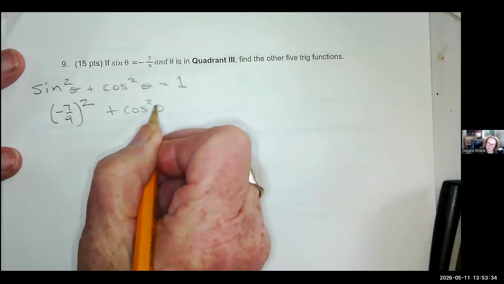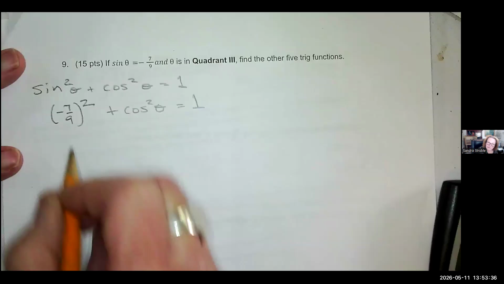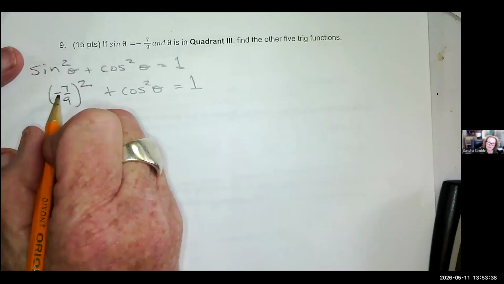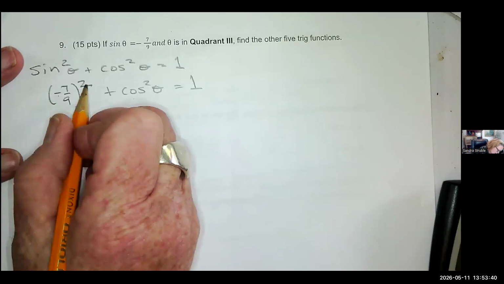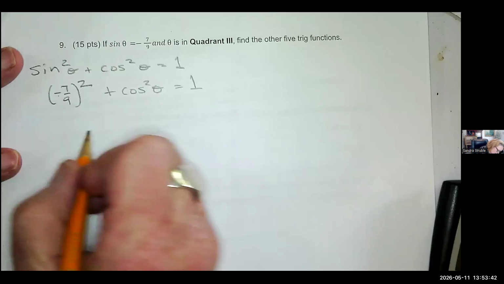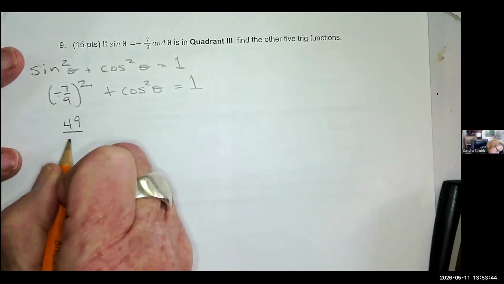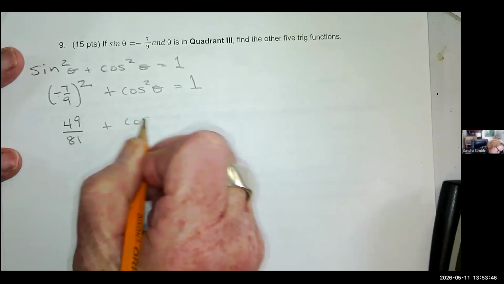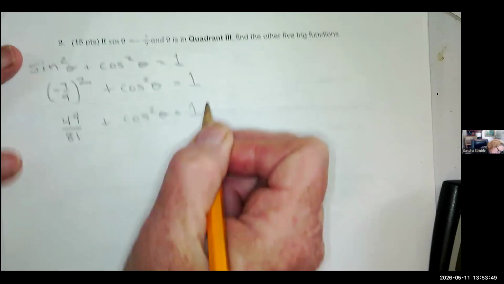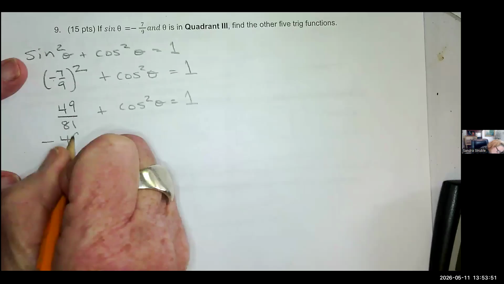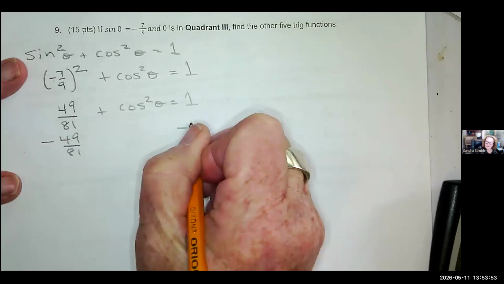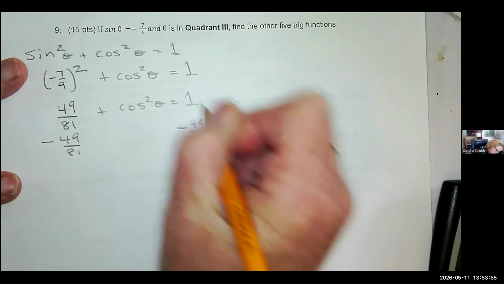When you square this, it's no longer negative. A negative times a negative is a positive. So this is 49 over 81 plus cosine squared theta is equal to 1. Now I need to subtract 49 over 81 from both sides. Do not freak out over this. This is not hard. Just change this 1 to the denominator over itself.